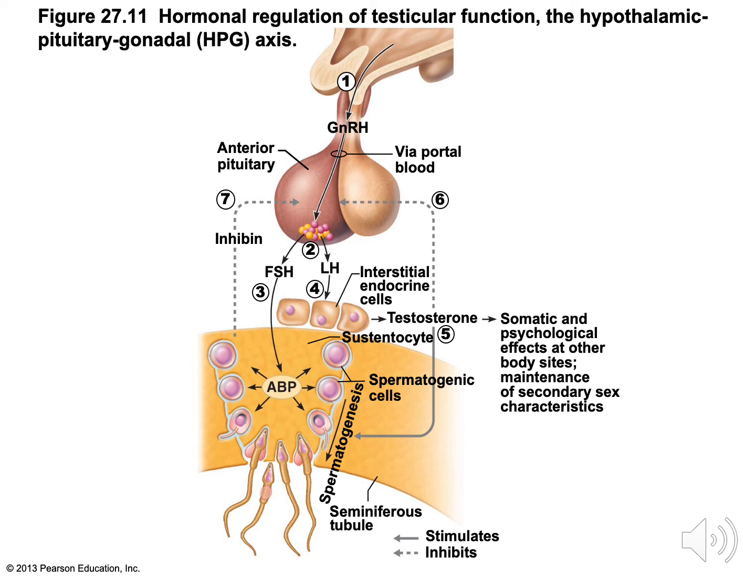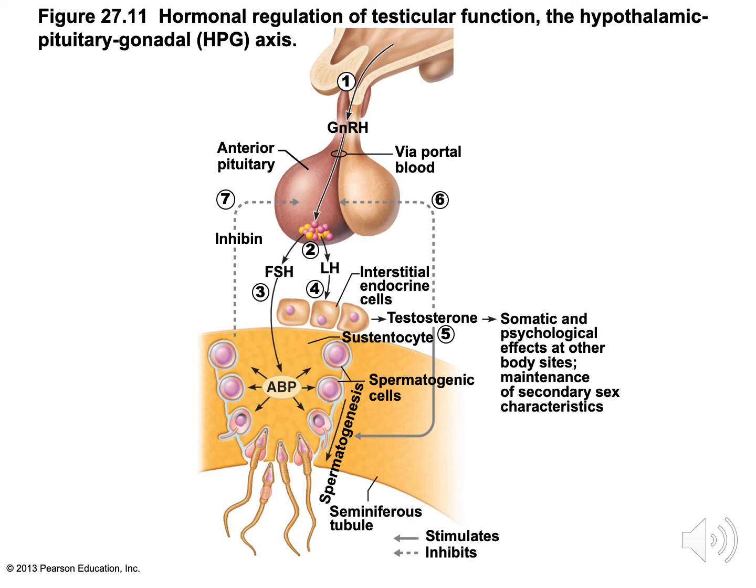The first is a negative feedback via testosterone. This negative feedback, the increasing levels of testosterone, affects LH more so than any other hormone. So as testosterone increases, it causes a decrease of LH from the anterior pituitary. But FSH uses a slightly different mechanism.